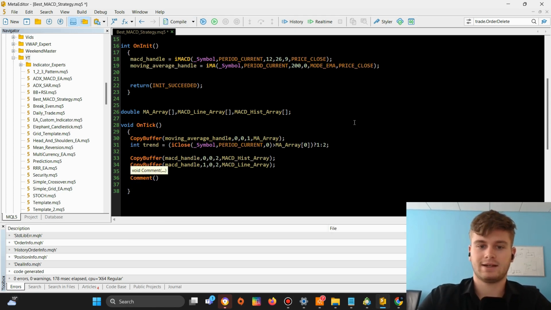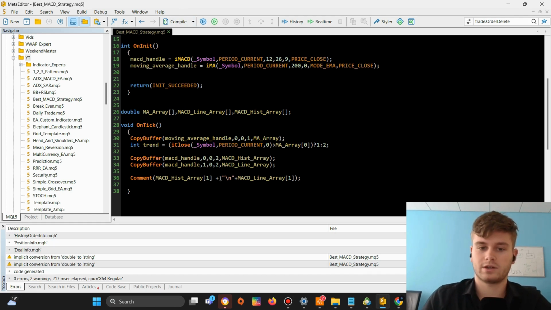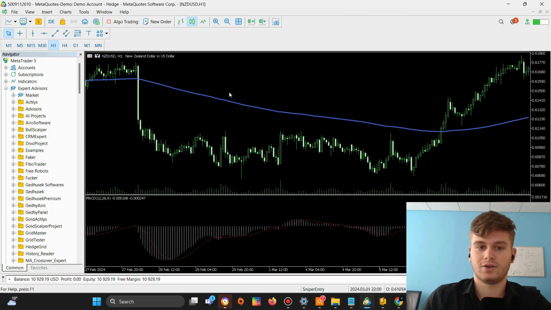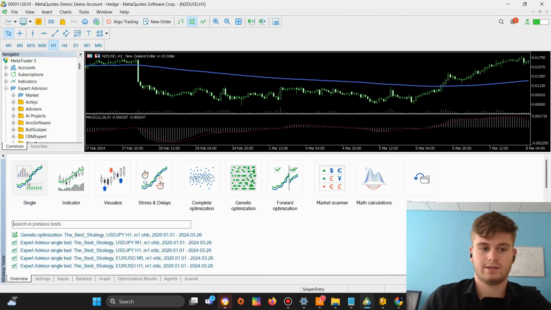let's start with commenting out the MACD histogram and also the MACD line array, just for us to check whether we have the buffer numbers correct or not. So I'll go to my tester.